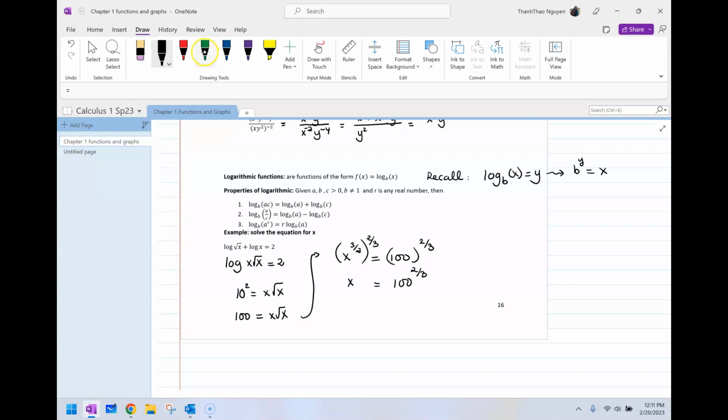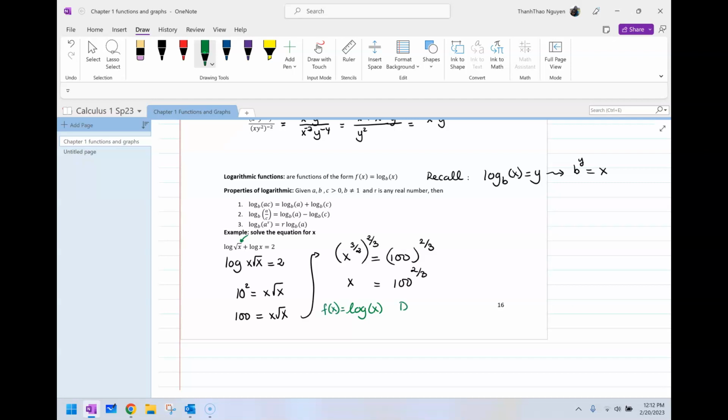Now note that with this function, it happened that we solved for x and it is positive, but if in some case we solve for x and we get a negative number, we have to remember the domain of the function. Okay? So log of x. What is the domain of this? f of x equals log of x.